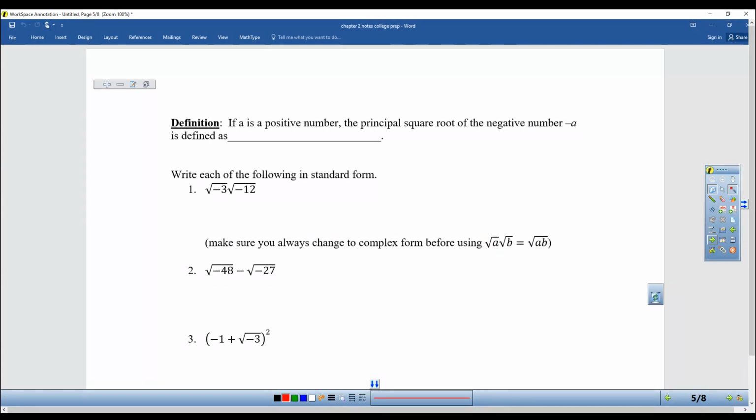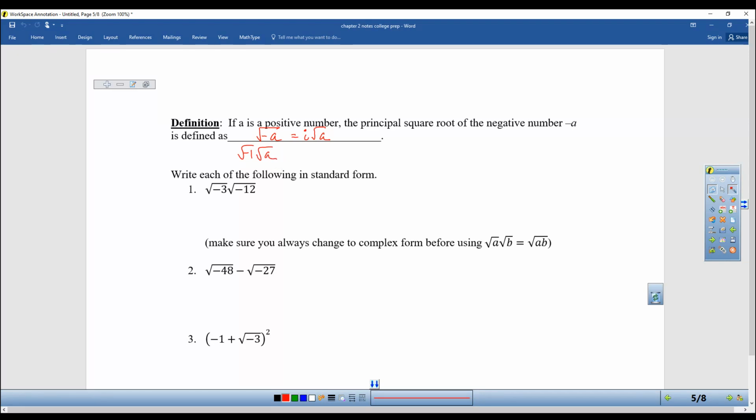If a is a positive number, the principal square root of the negative number, negative a, is defined as this. So we've been just doing it with -1, saying that that's i, but this is i square roots of a. So in other words, you break it down into the parts you can do, which becomes i, and the parts you can't.